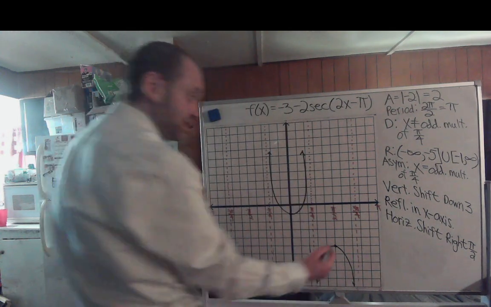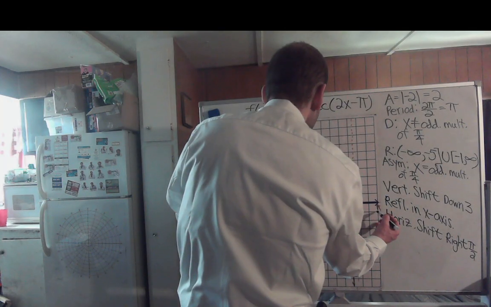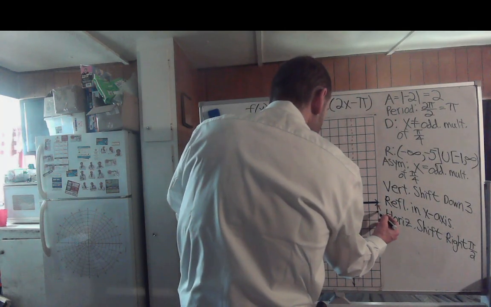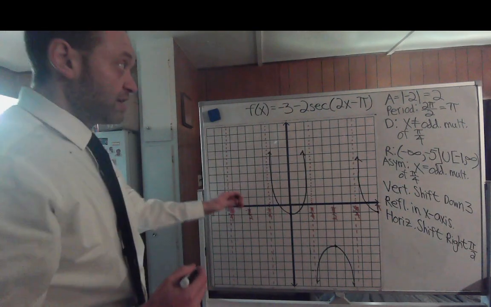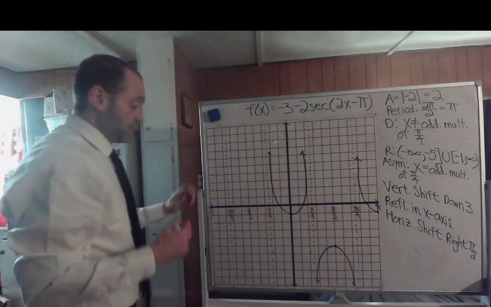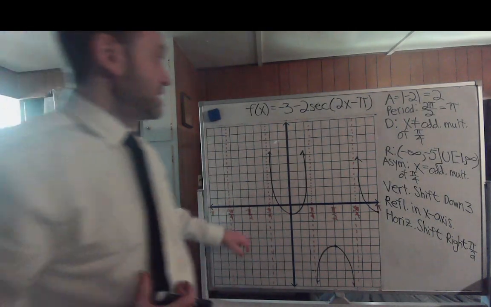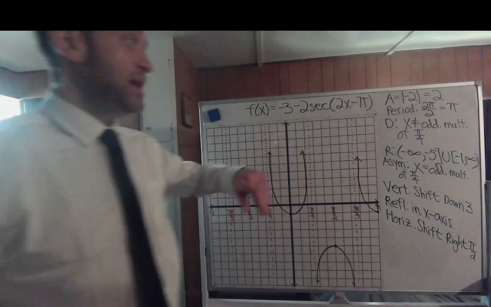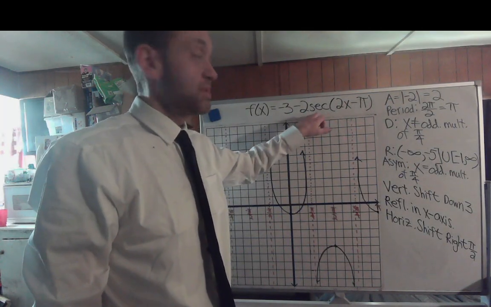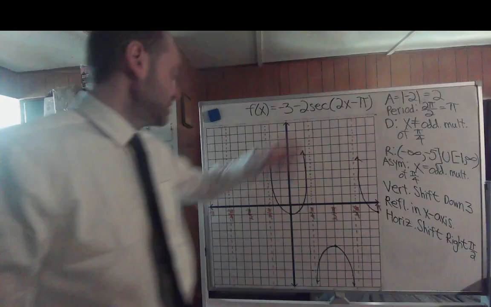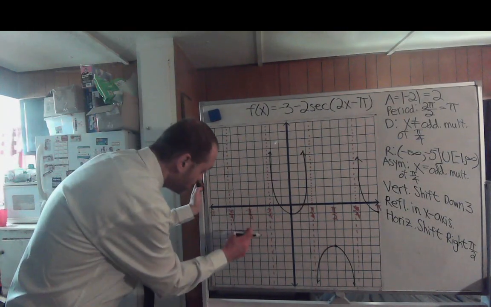And then you should get the same thing at pi. If you put in pi, you would get the secant of pi, which is negative 1 times negative 2 is positive 2 minus 3 is negative 1. And then negative pi over 2, that's going to end up giving you negative pi minus pi. Secant of negative 2 pi is 1 times negative 2 is negative 2 minus 3 is negative 5.